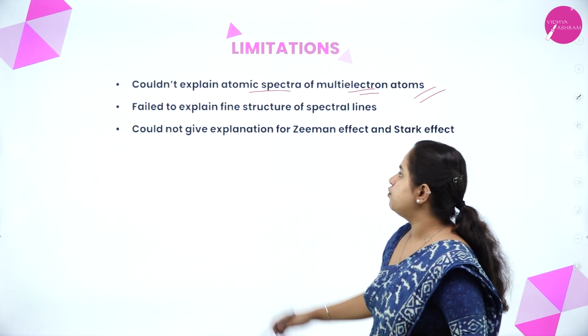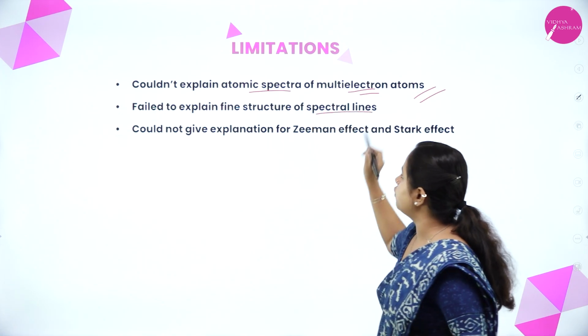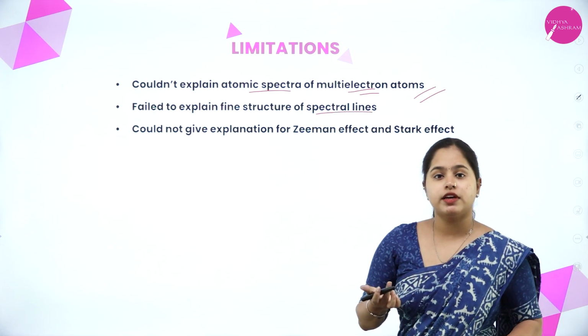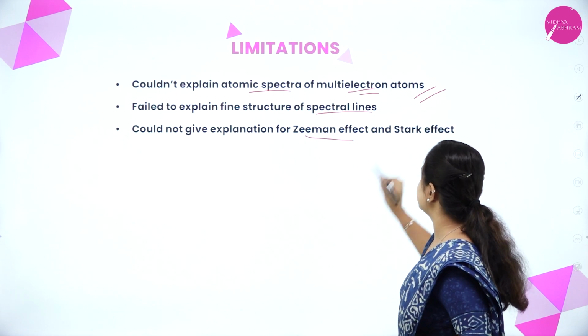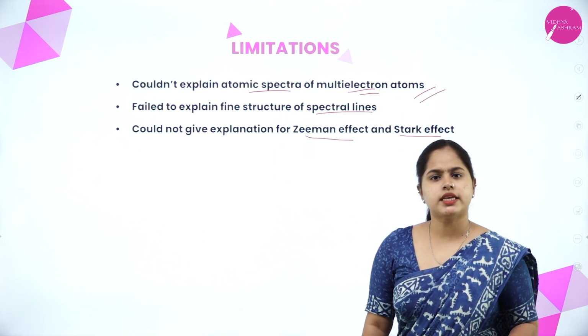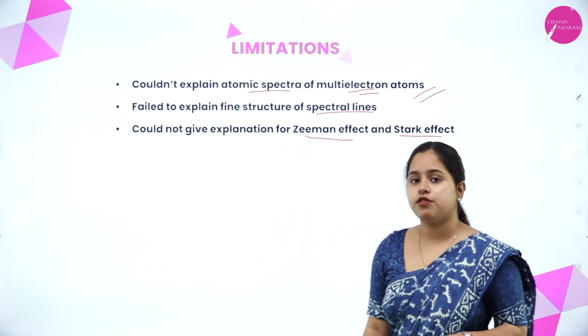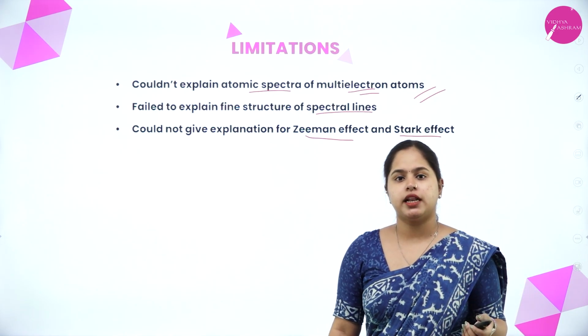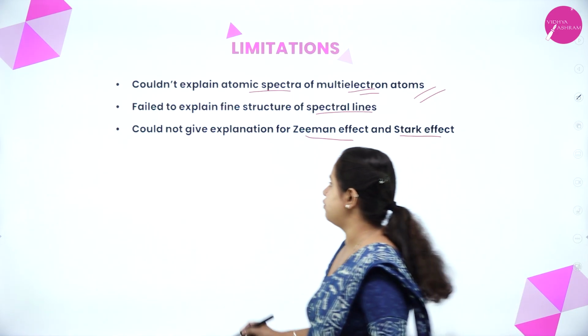Now, it failed to explain fine structure of spectral lines, and could not give explanation for Zeeman effect and Stark effect. Now, what is Zeeman effect and Stark effect? Zeeman effect is the splitting of spectral lines in the presence of magnetic field.